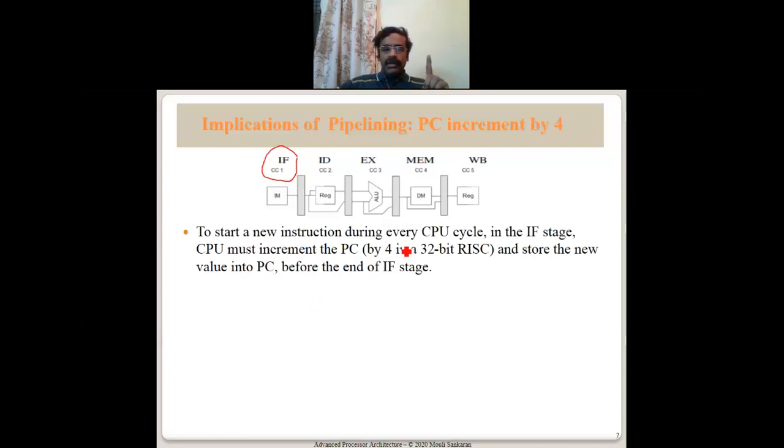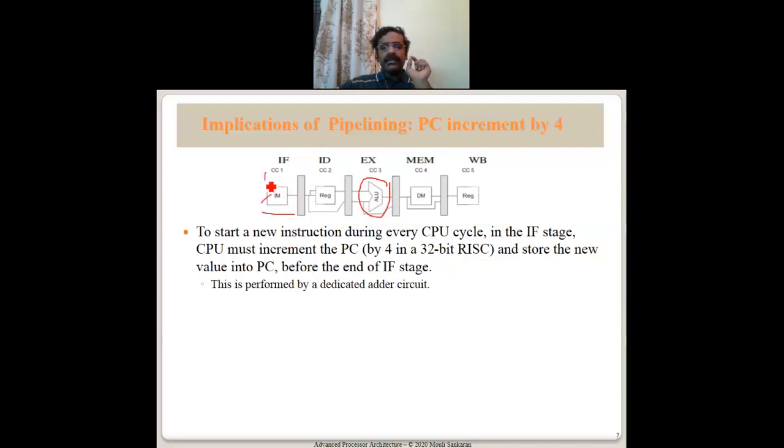To start a new instruction during every CPU cycle in the IF stage, the CPU must increment the PC by 4, assuming a 32-bit RISC processor, and store the new value into PC. It should be preserved in PC. So how much time does it have within a single cycle? It's not possible if you are using this ALU for it, since you don't even have access to that ALU during this time.